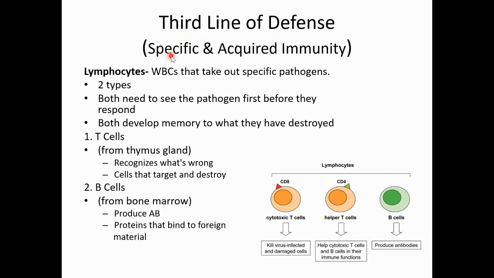I had mentioned this earlier. So there is a specific cell for the chickenpox virus, the flu virus, the pneumonia virus. So one specific cell for each one. And it's acquired. We acquire this in our lifetime.